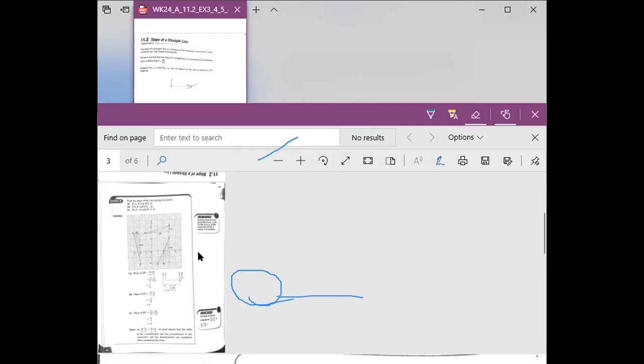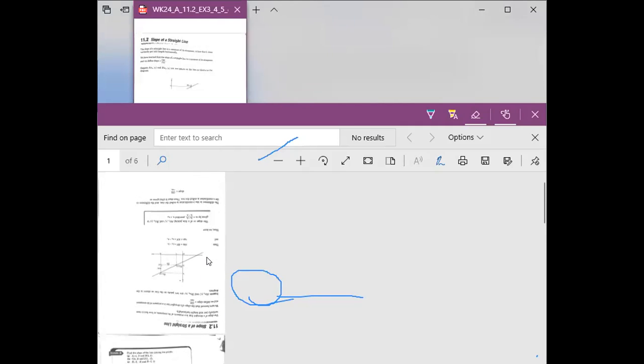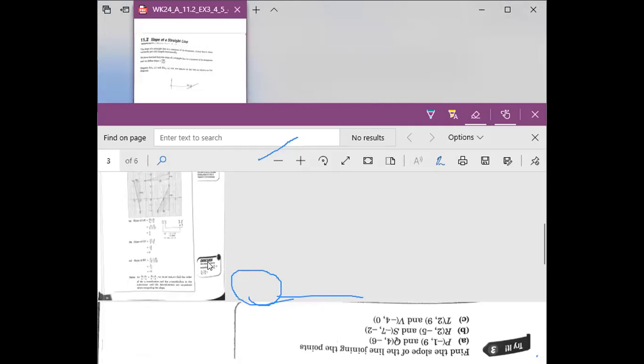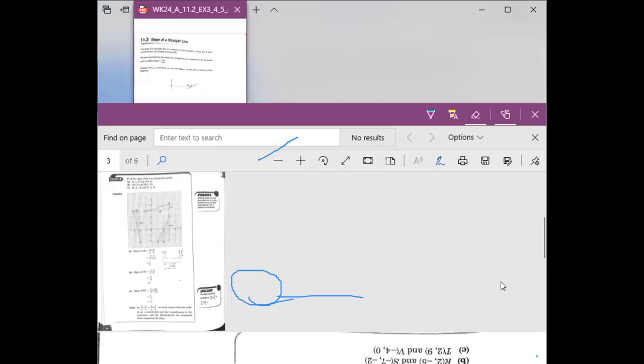Can you see this page clearly? If you can see it clearly, please type 1 on your screen. Okay, let me try to fix it, okay?